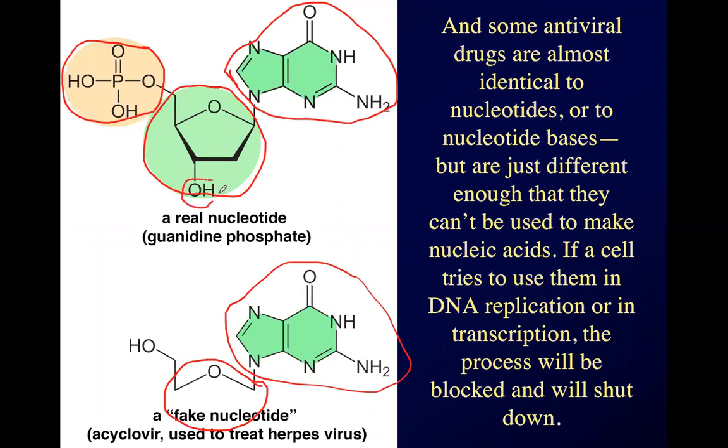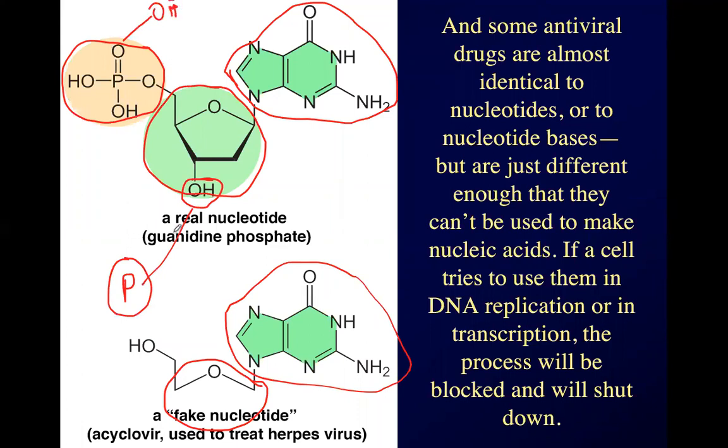This group right here, this thing that says OH, that's an oxygen and hydrogen atom together. That's what is supposed to link with the next phosphate. And then this phosphate will link with another sugar right up here.